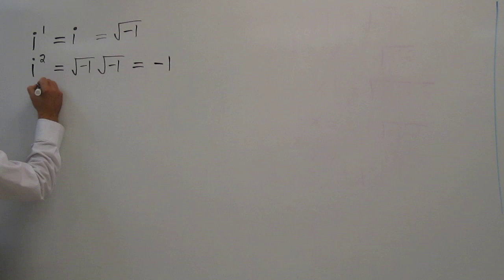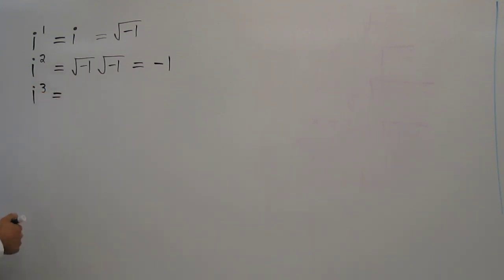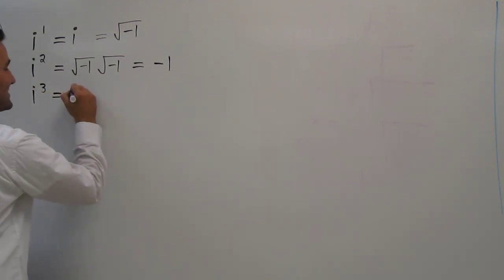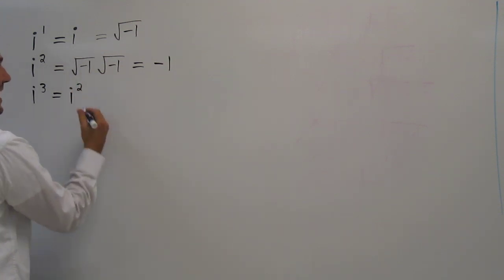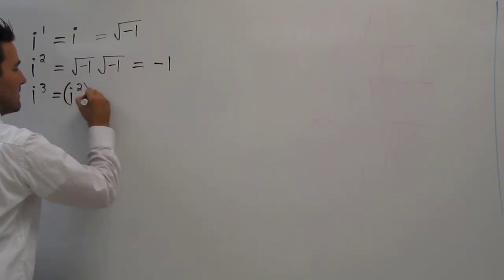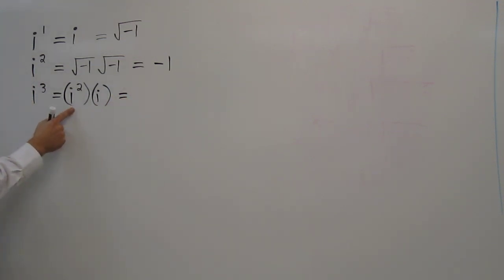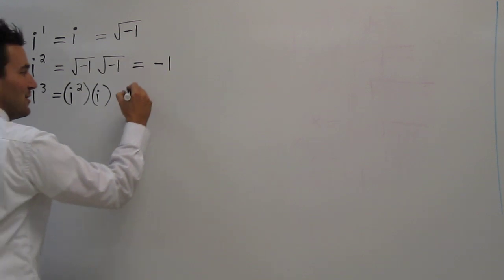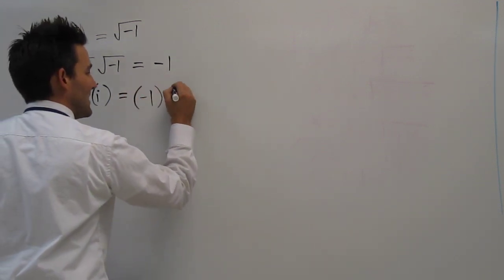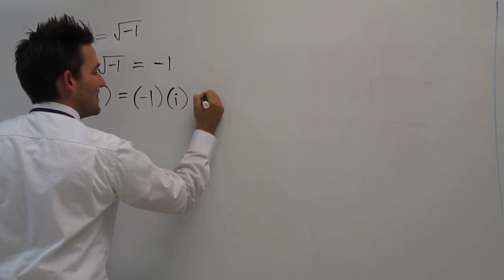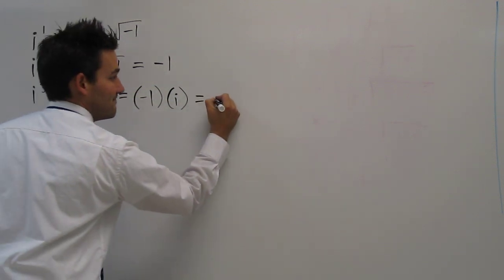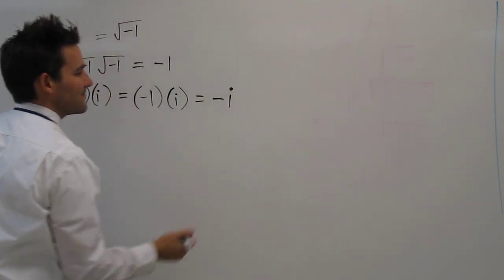What about i cubed? We can rewrite i cubed as i squared times i. Well, i squared was negative 1, and i was just i, so we end up with negative 1 times i, and that equals negative i.